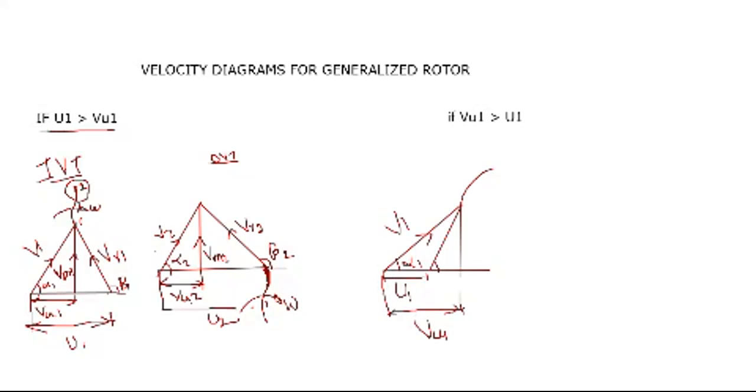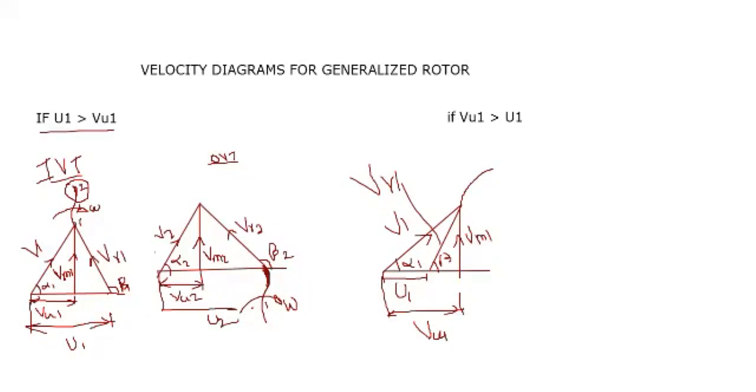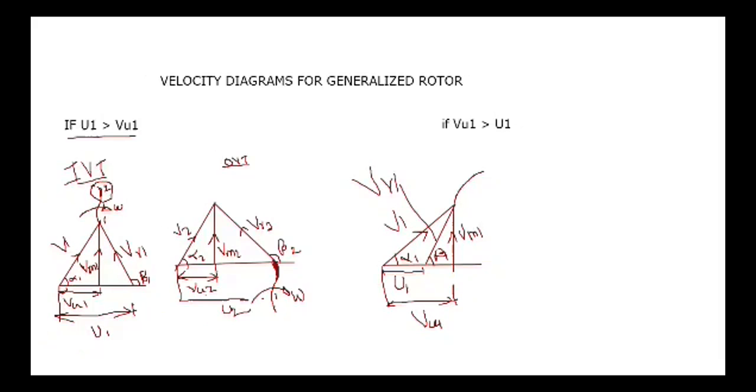This is VR1, and this is VM1. This is beta 1. And now the outlet velocity triangle. Okay, outlet velocity triangle.